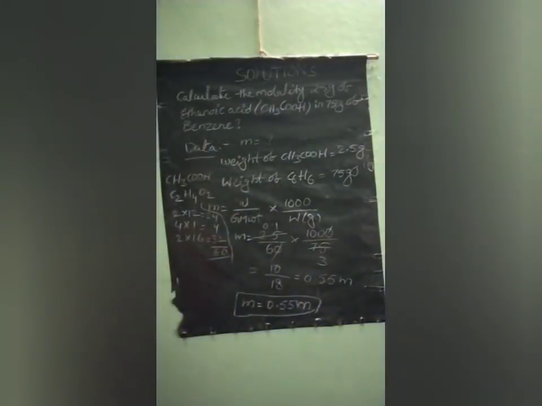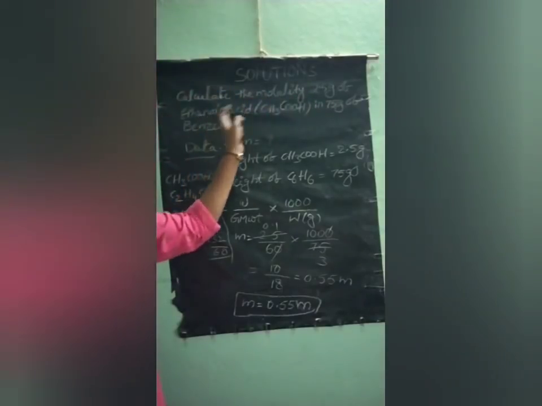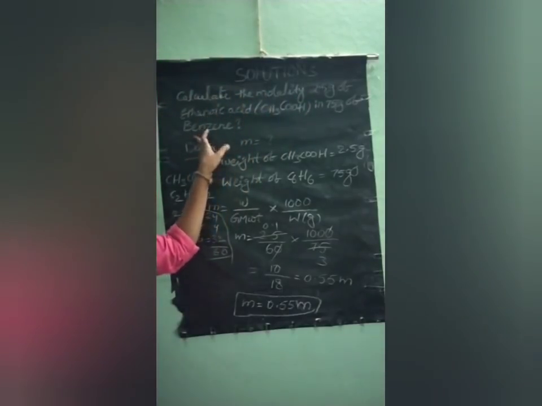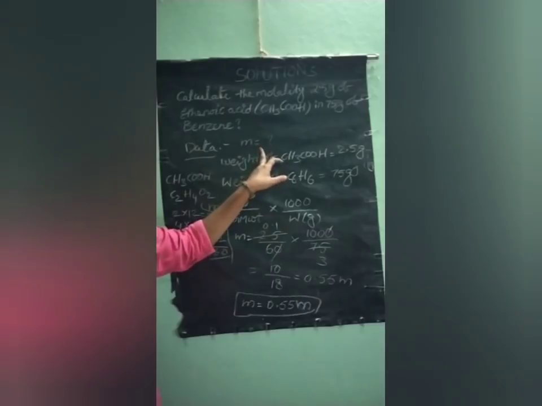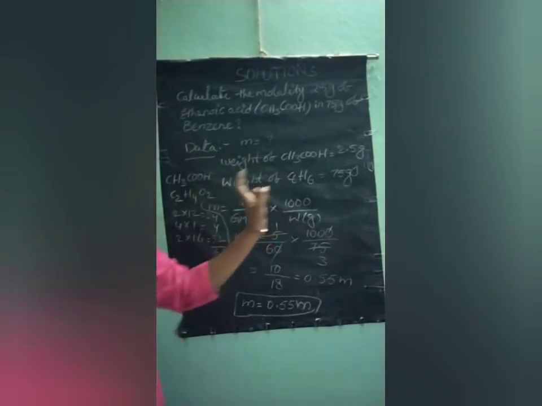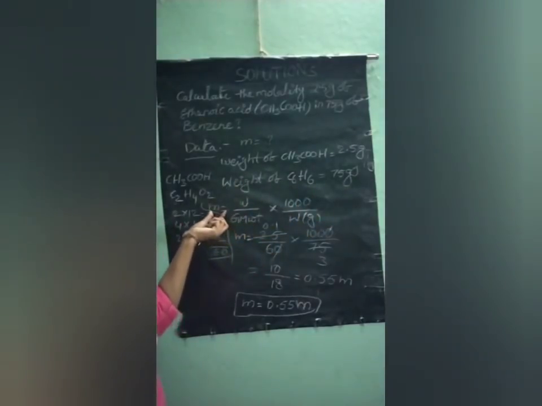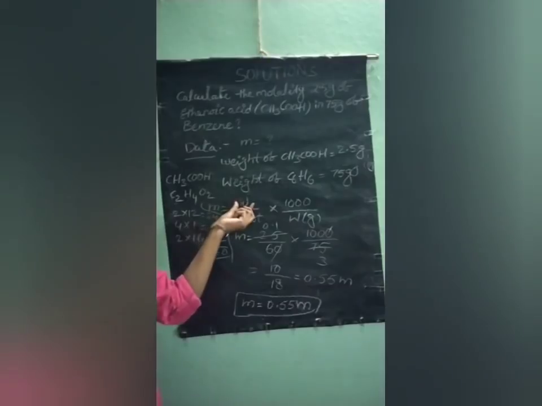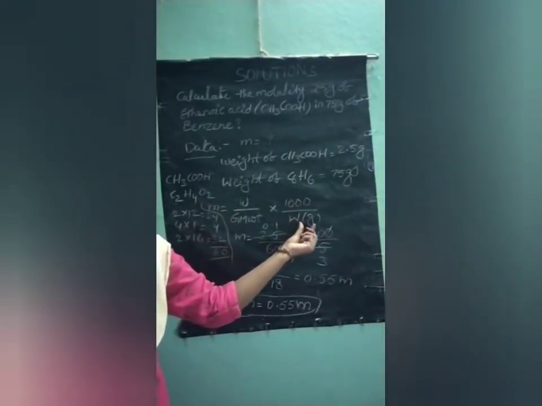Okay, this is the molality problem. Again I repeat, calculate the molality of 2.5 grams of ethanoic acid in 75 grams of benzene. In this problem we find the molality of the ethanoic acid. So molality we don't know, so it is a question mark, and the weight of the ethanoic acid is 2.5 grams and the weight of the benzene is 75 grams. The formula is molality is equal to weight by gram molecular weight into 1000 by weight in grams.